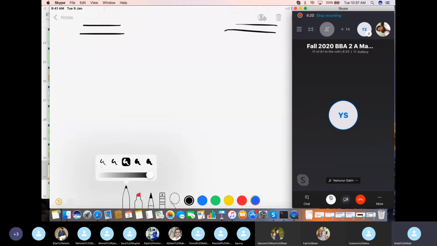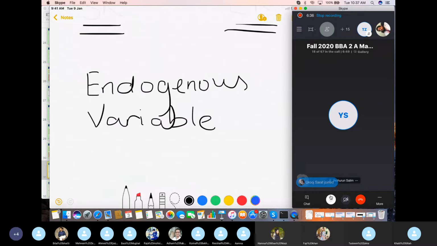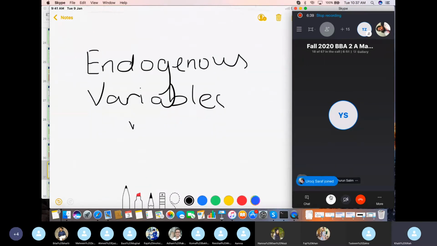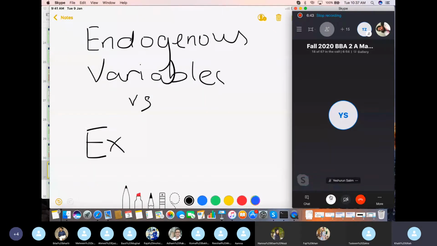One of them is called an endogenous variable and the other an exogenous variable. So you have endogenous variables versus exogenous variables.